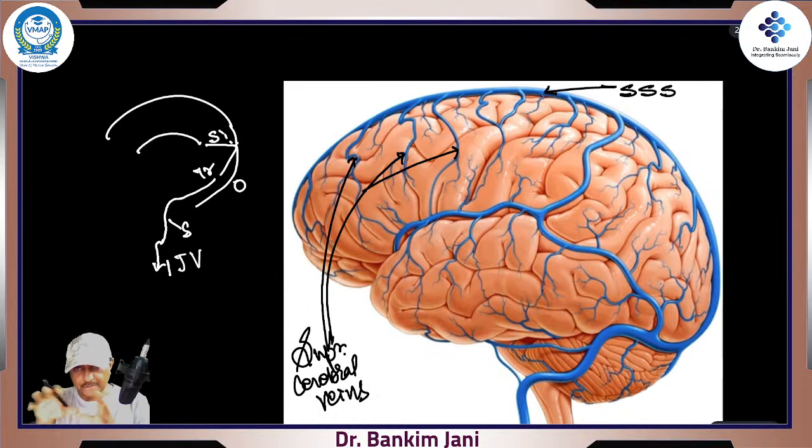These are the sinuses, the dural venous sinuses. On top, what we are watching is the superior sagittal sinus. Then, this is no doubt the internal jugular vein, this one. Then the shape itself tells us this is the sigmoid sinus.